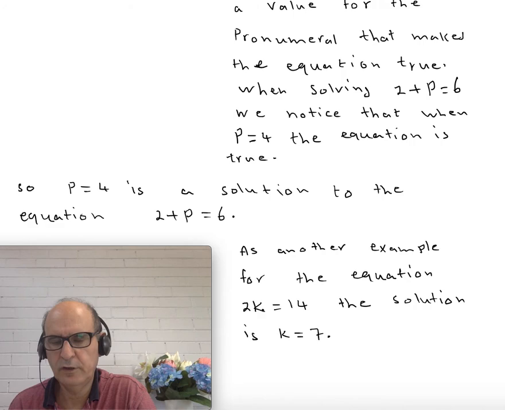Because 2 times 7, remember there is a times between 2 and k. 2k means 2 times k. So if I replace k with 7, I'm going to have 2 times 7. And you know that 2 times 7 is 14. So it works. It is correct. That makes that equation correct. So k equal to 7 is a solution to this equation.